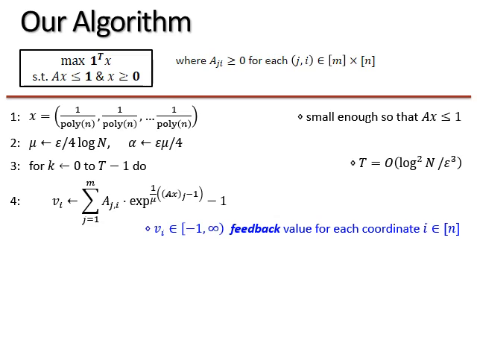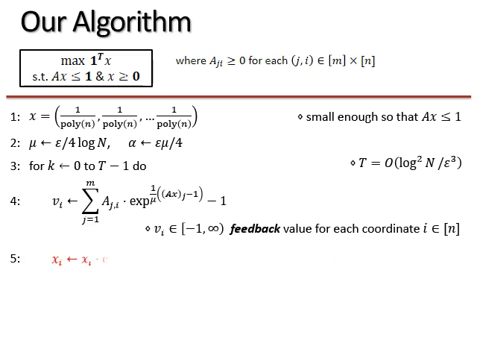You don't need to remember the form, but one, the computation of this Vi is extremely simple. It can be implemented to run in just linear time because it's basically 2 matrix vector multiplications. And the second, each feedback value is at least -1, but it may be very large, it may go to positive infinity.